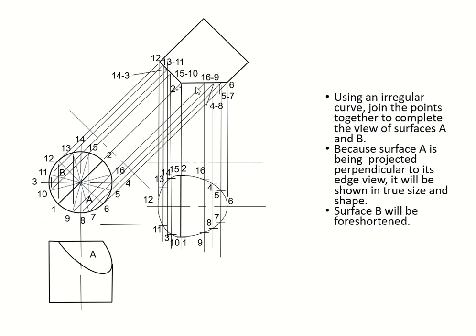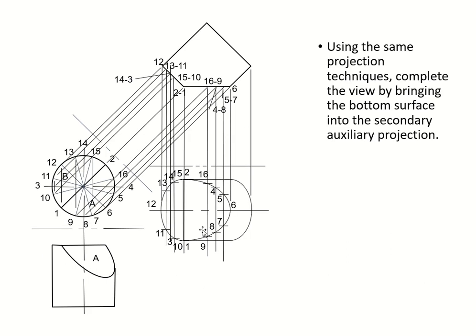Surface A became the edge view here in your primary auxiliary. So here your secondary auxiliary is your right side view. It will be shown in true size and shape right here, but surface B is foreshortened because it's coming out from the edge view.